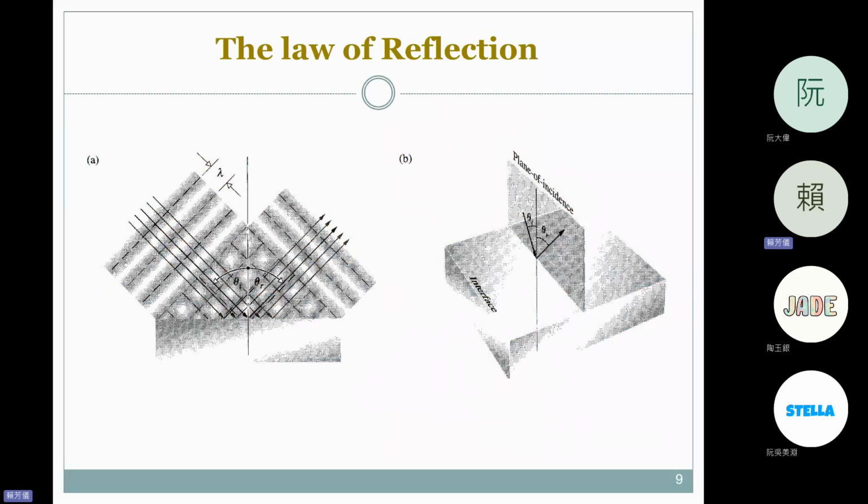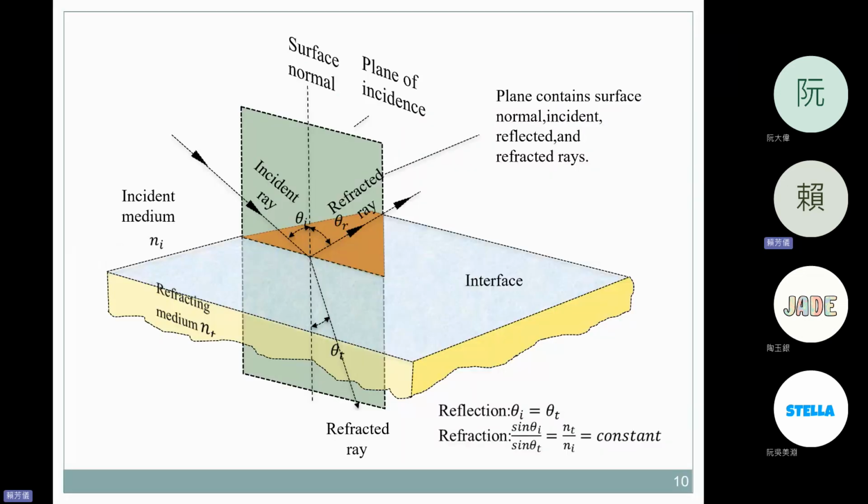We all know, we can see this structure. Here you can see that we have the surface normal. The surface normal is vertical to the interface. The blue plane is the interface.